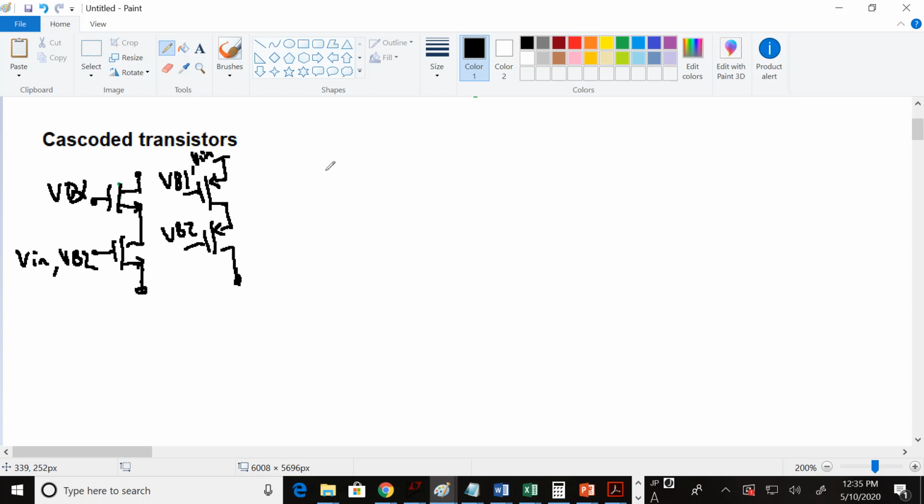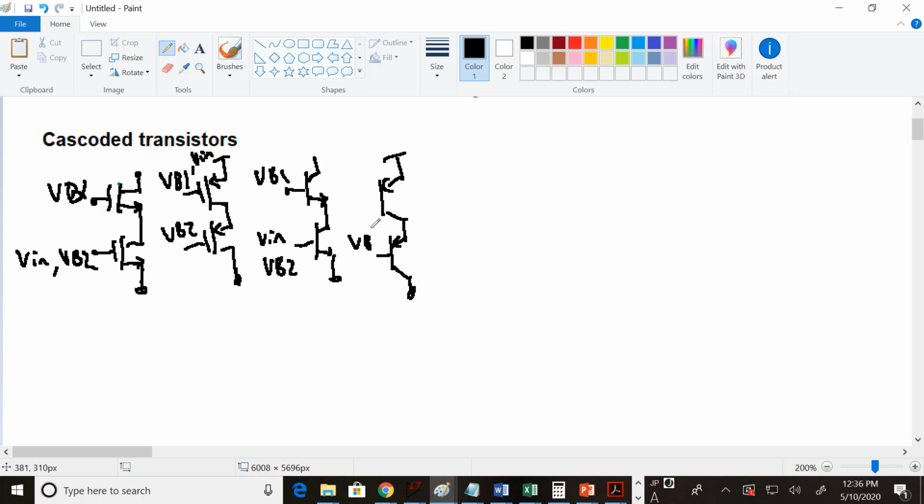Or if you have BJTs, and you'd have two NPNs, and same thing, either V in or VB2, one of the two. It's either DC or it's your input. This one is always a bias voltage. Or if you have PNPs, then again, you have two PNPs. And this is V bias 2, and this is either V in or VB1.